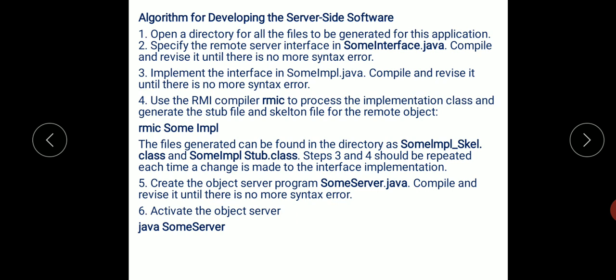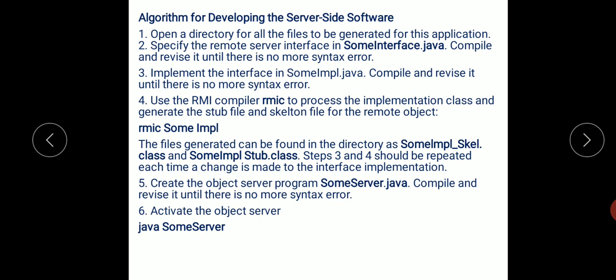Third one is implementing the interface. Fourth one is using the RMI compiler. And fifth one is creating the server. Sixth one is activating the object server.